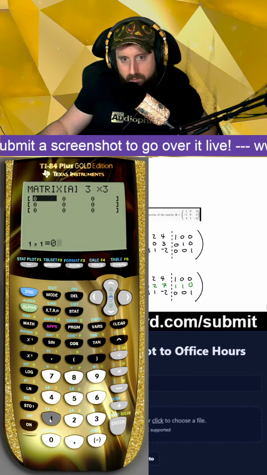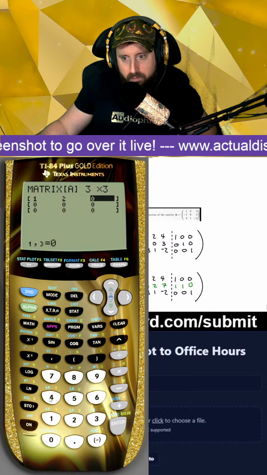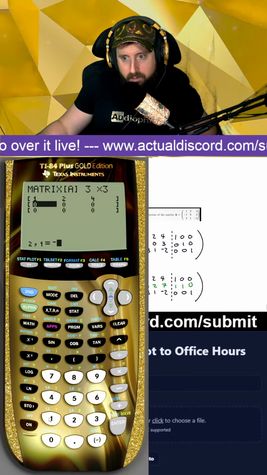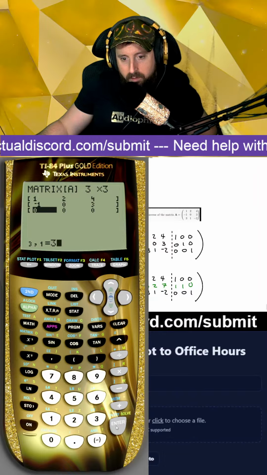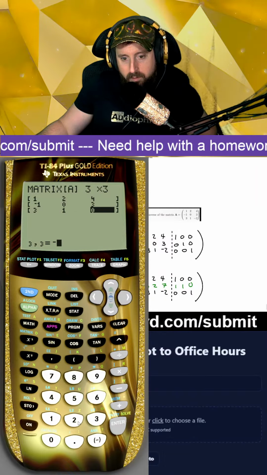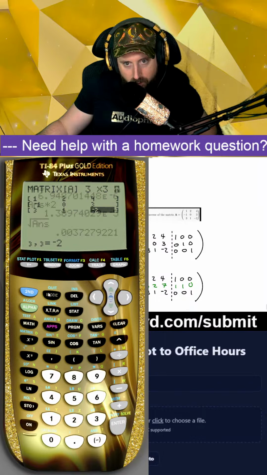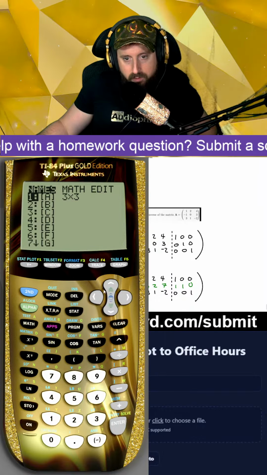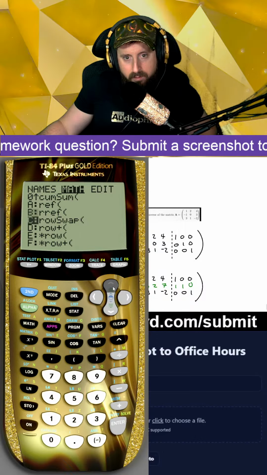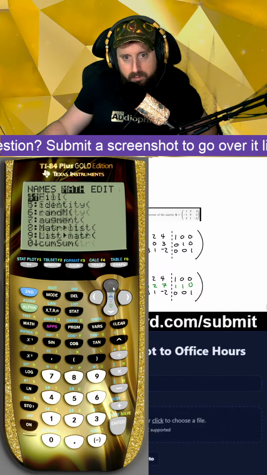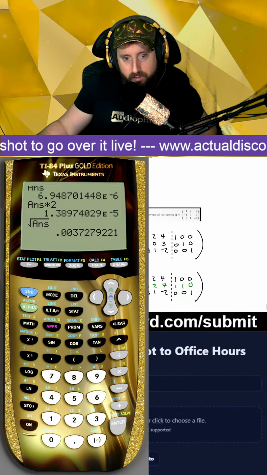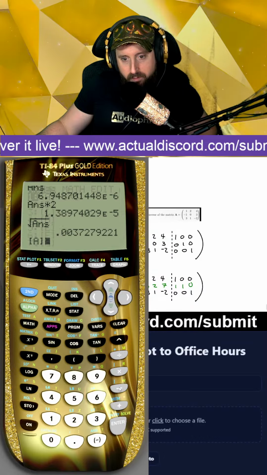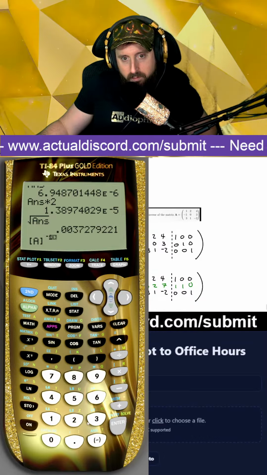And then we have 1, 2, 4, -1, 0, 3, 3, 1, -2. Quit. Second matrix, math. Is there an invert button? Oh, there isn't. Okay, well, whatever. You can just do this. I think you can literally just do the matrix to the -1 and it'll do it.